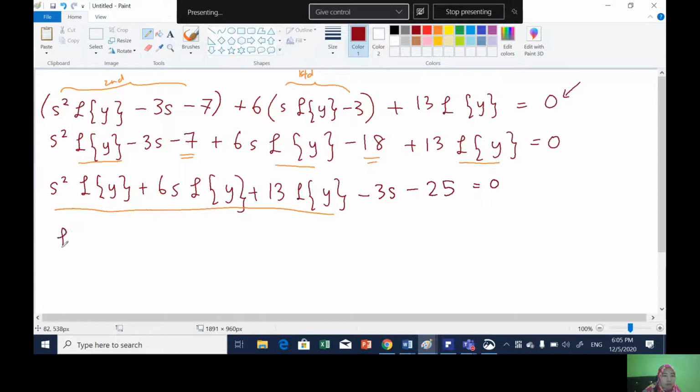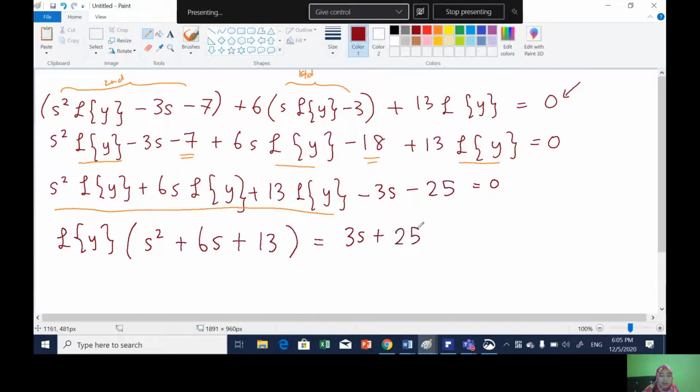Therefore, when we take out L{y}, in the bracket we have s squared plus 6s plus 13, then equal to 3s plus 25. So the one in the bracket, s squared plus 6s plus 13, bring it to the right hand side, so L{y} remains on the left hand side.